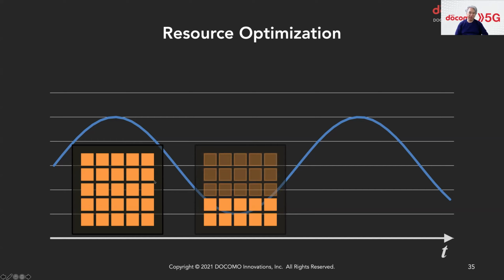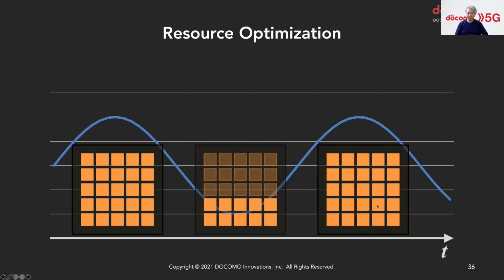Actually, half of the population in Japan are using Docomo's network. So we deploy the computing resources like this, but the resource is not fully used during the nighttime because we are sleeping, basically. And again, during the daytime, the resource usage is full.